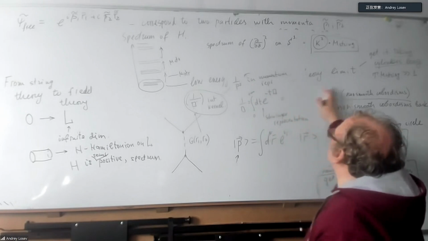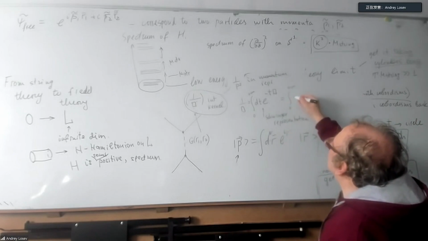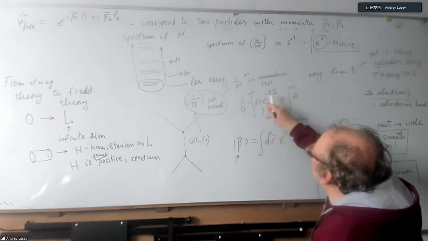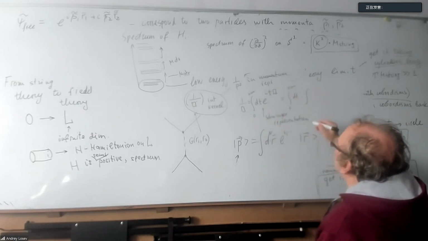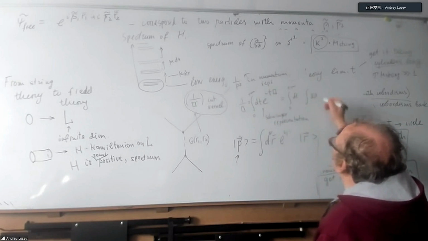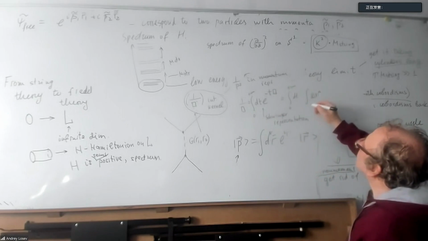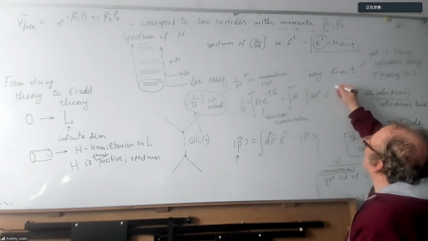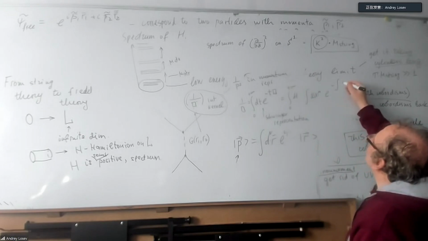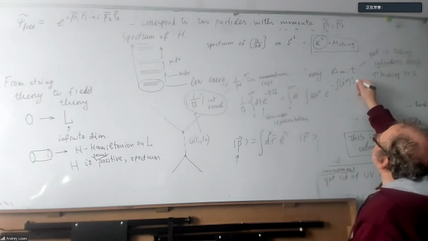So let me continue. This is an integral from 0 to infinity, dt. Now, what is e to the minus t D'Alembertian? It is the integral over trajectories, and here we have this action, x mu dot squared, d tau.